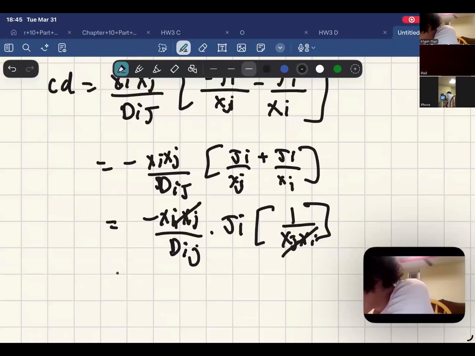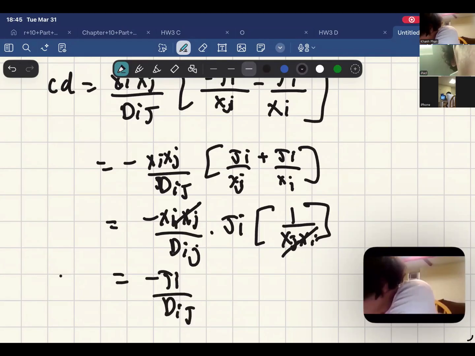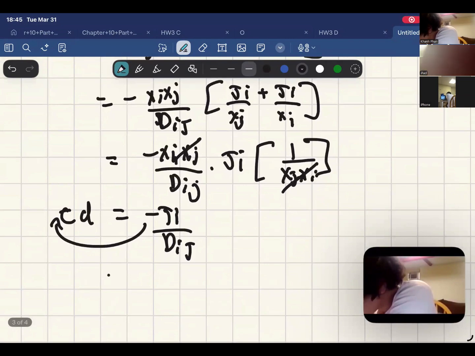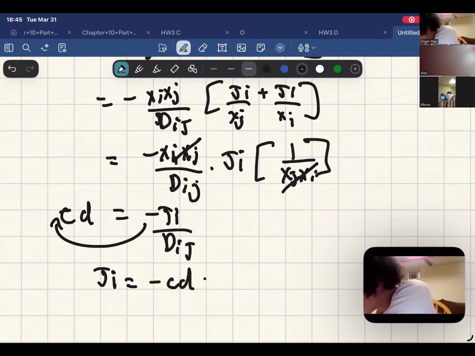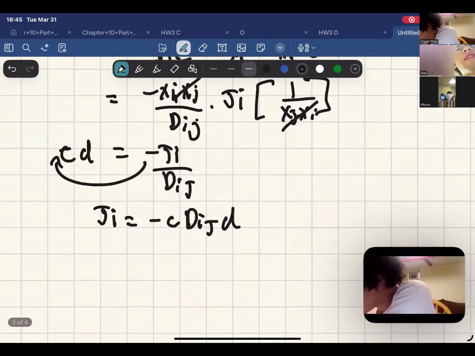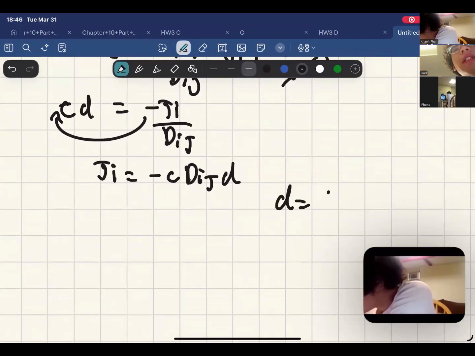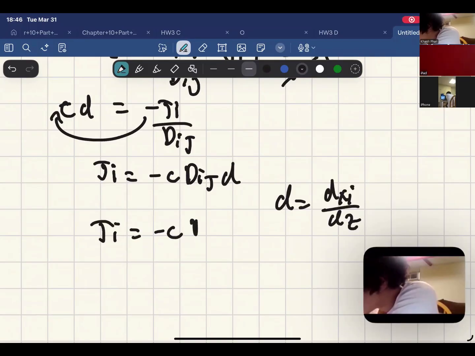Now we cancel this out, so we have the negative sign over here, and D_ij and then c D, and we move the sign over here and rearrange the equation. We would have J_i equal to negative c D_ij times the driving force. And we know the driving force is equal to dx_i over dz that we derived before. When we plug it in, we have Fick's law.